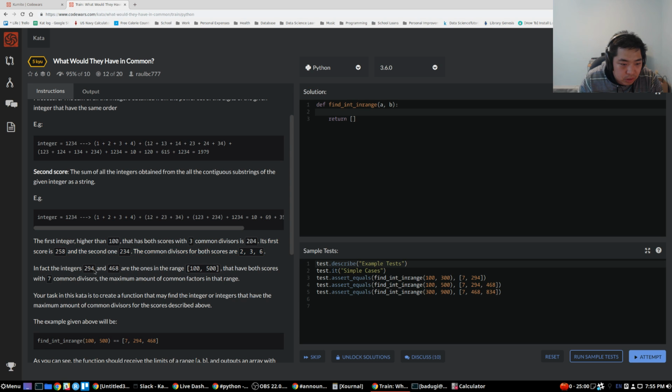In fact, the integers 294 and 460 are in the range of 1 to 5 that have both scores with 7 common divisors. Wow. The maximum common factors in that range. Okay.